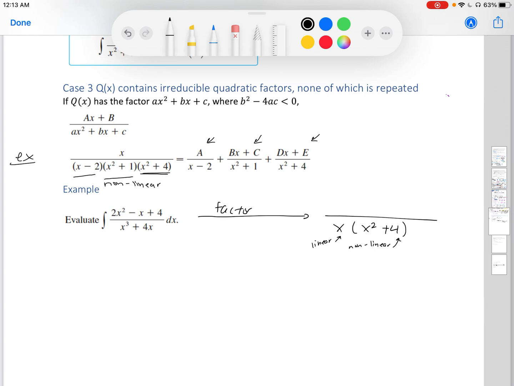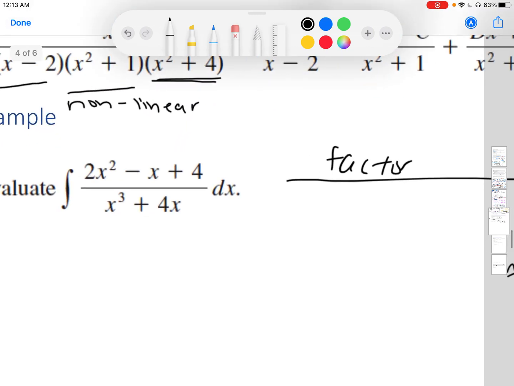So the linear one's going to have a numerator of a, the nonlinear is going to have a bx plus c. Okay, let's go ahead and set up our partial fractions. Now here in this problem, we didn't have to worry about first applying long division since my numerator is not larger than my denominator in the sense of the degree.